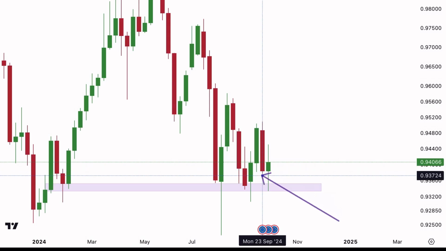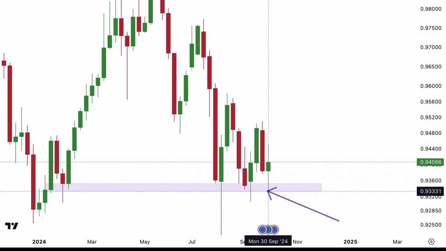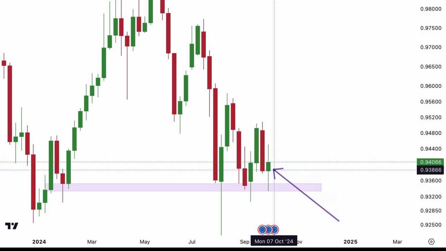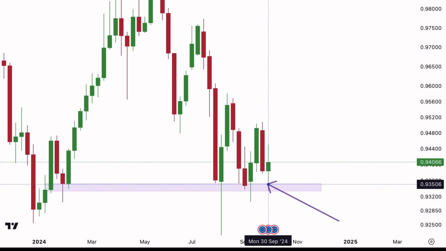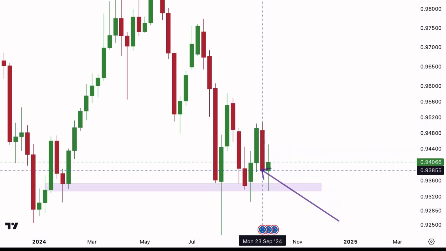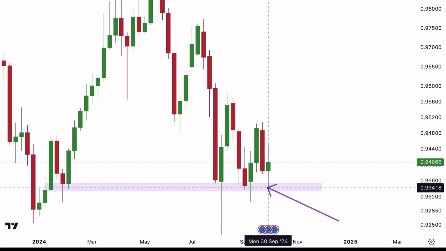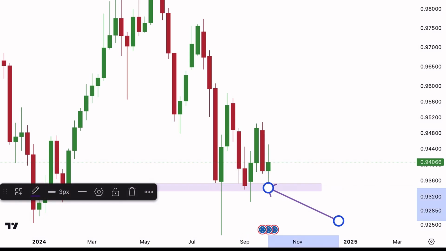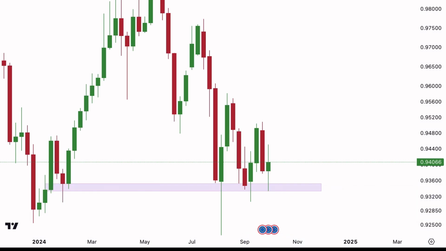So if price was to come back right here, more than likely it will have a bullish reaction, even if it's just a short bullish reaction, and I will be selling at support level, and that's not how I trade. I want to sell when price is at a resistance level and buy when price is at a support. So the daily, I'm looking for sells, and the weekly is at support.